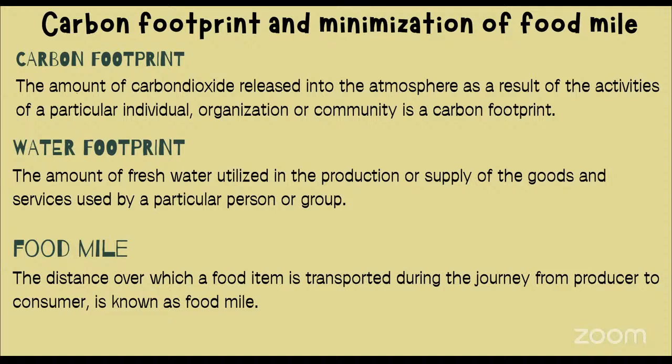Let's say they take it from the garden and give it to the transportation area, then it comes to your food city, then all the way to your home. The addition of that entire distance is the food mile. So, the total distance food travels from where it is produced all the way to the consumer.